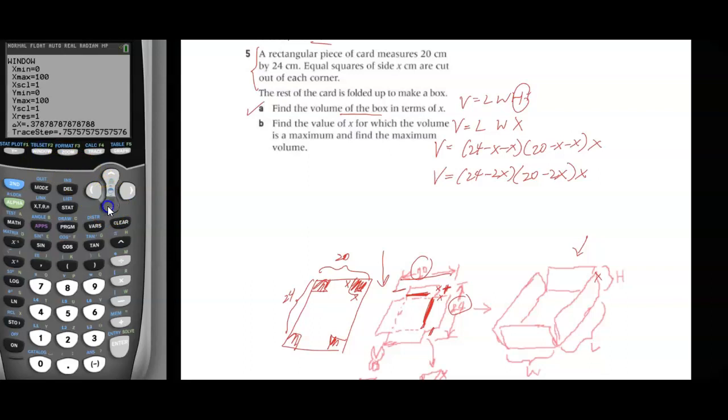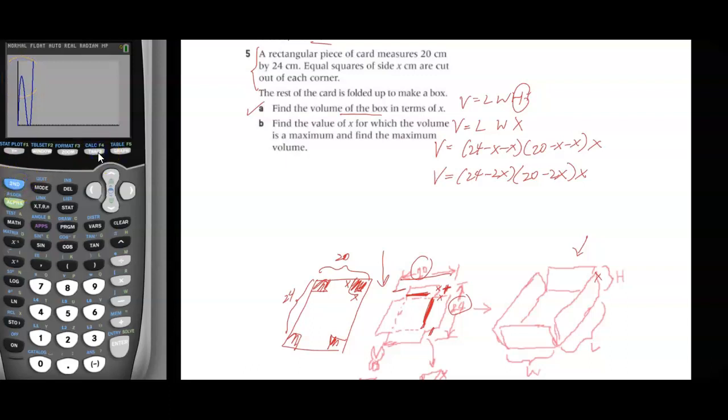So let's make the grid taller. So we'll put like 500. Still not tall enough. So now we'll do y equals 1,000. Y max is 1,000. There we go. Okay, so we want the maximum point right there, right?